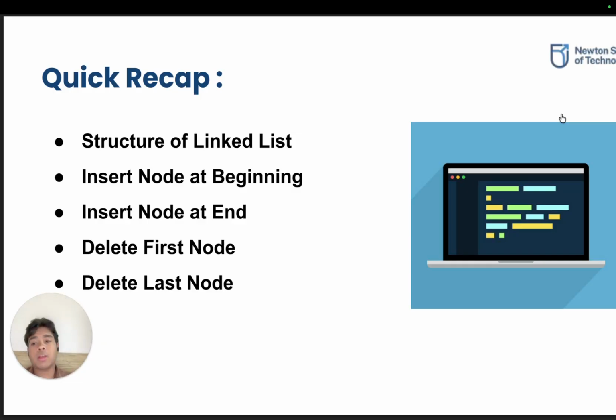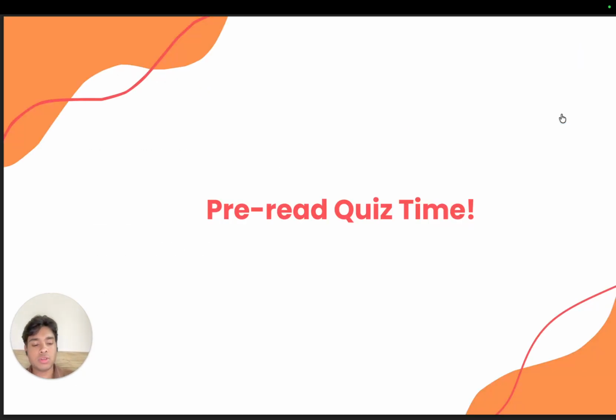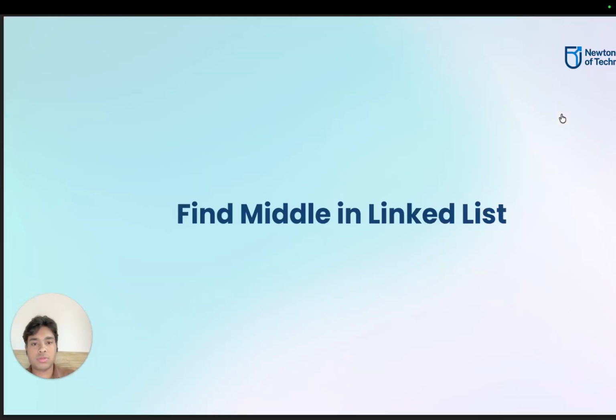Okay, so I think you have understood this completely in a very good manner, I hope so. So this is something new. We have to find the middle value of the linked list.